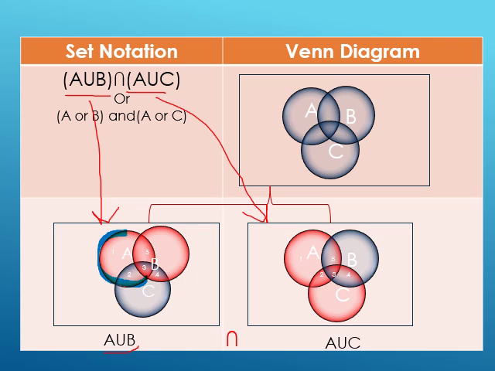In first sketch, we take everything in A and B. So this is A union B. In the next sketch, we take everything in A and C. So this is A union C.